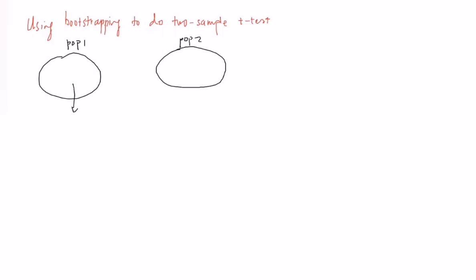So you draw a random sample, you have x11, x12 until x1n. You draw a random sample from population 2, this may give you x21, x22 until x2m, right? Where the first subscript indexes the population, right? This comes from population 2, this comes from population 1. And this is the index within group, right?